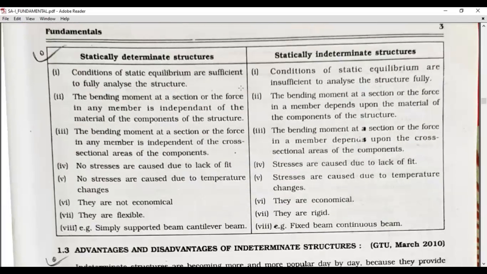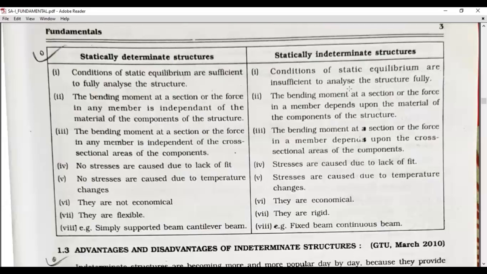There are differences between a statically determinate structure and a statically indeterminate structure. In a determinate structure, the conditions of static equilibrium are sufficient to fully analyze the structure.